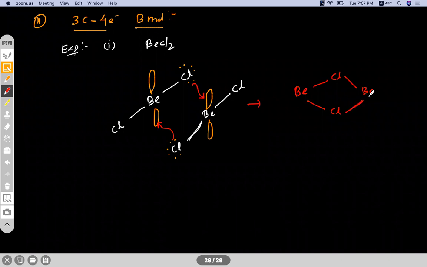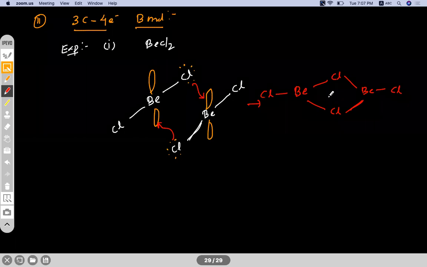BeCl, Cl and Cl here. So one bond pair we'll have here, which is present as it is. Another one is of chlorine, and chlorine has two lone pairs here. This one, you see: 1, 2, 3 center, 2 plus 2, 4 electron.